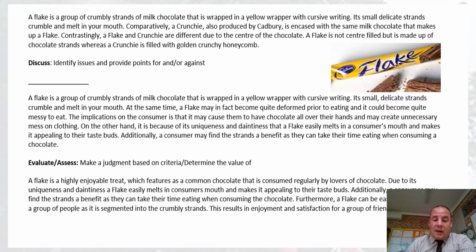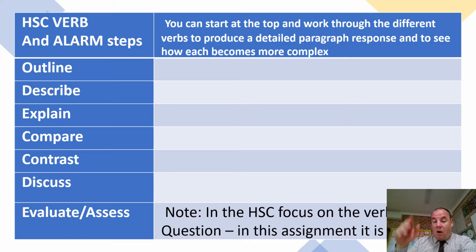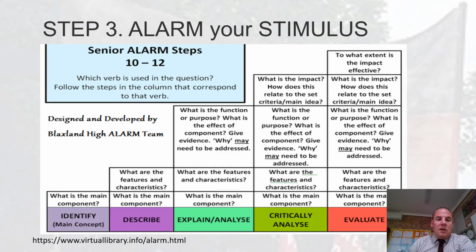So this is why we're evaluating, because it is quite high order thinking. So when you're writing and starting to plan, what you can do is start using these different steps, using your stimulus to start writing a response, like a little draft that you might want to do, and then obviously show your classroom teacher.